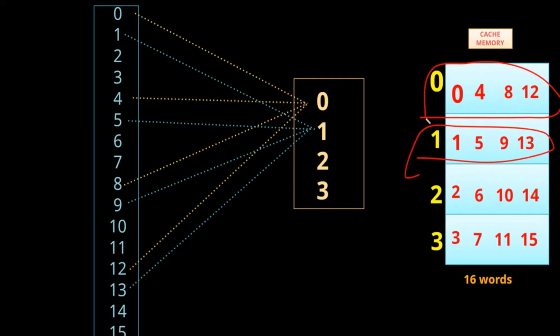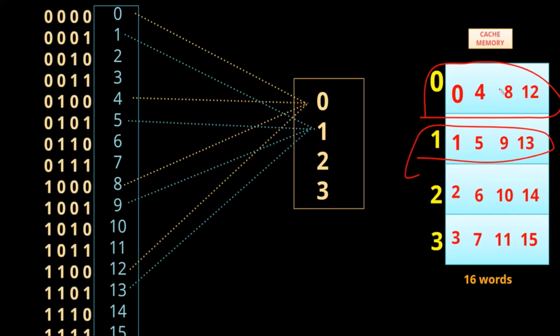So what is the speciality in it? When I came to know this, I really admired it a lot. How is this possible? The blocks 0, 4, 8, 12 will be there, right? So if we see the ending of blocks 0, 4, 8, 12, the last two digits will be the same. That is 0, 0, 0, 0.